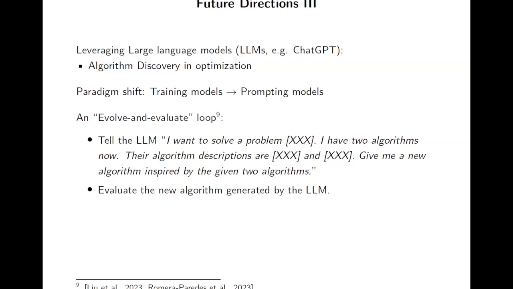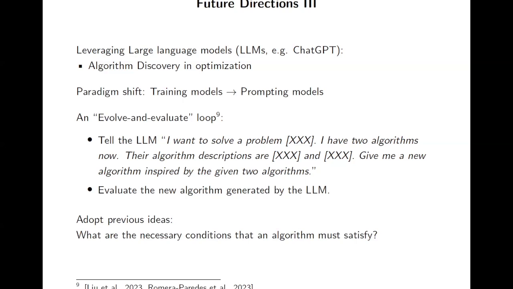Someone shows that this kind of prompting works, and ChatGPT can return you a meaningful algorithm. We can evaluate the new algorithm returned by the large language model, and repeat this process, and hopefully we can find a good and new algorithm. I think this would be an interesting direction in the future.